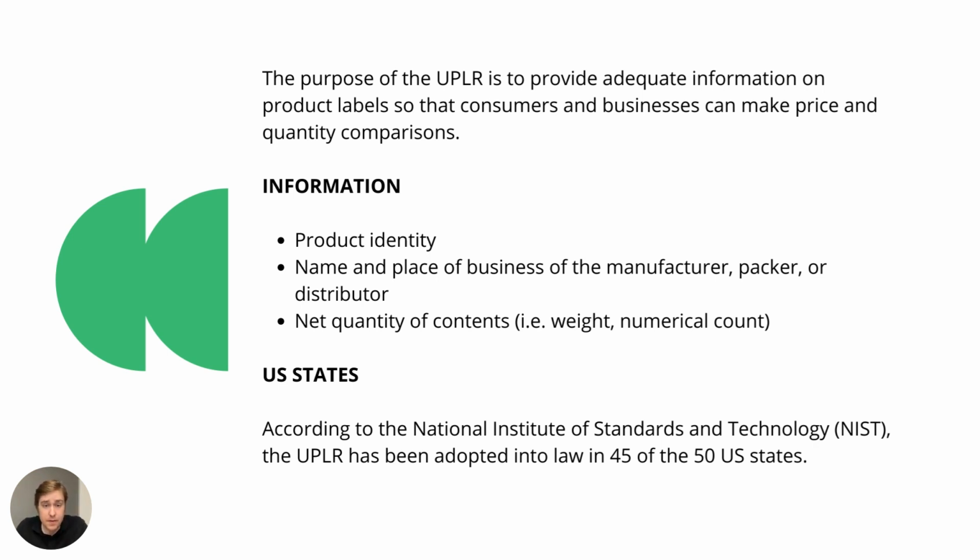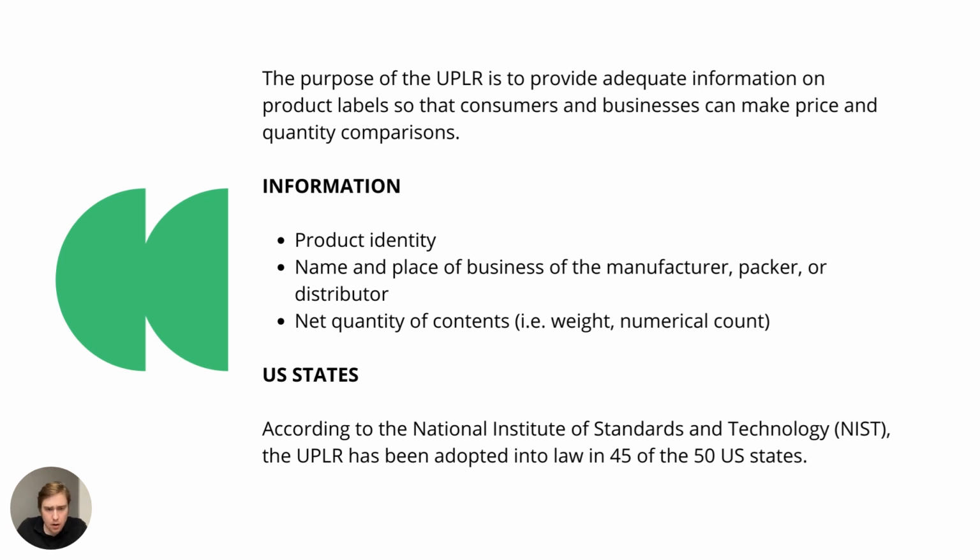Second, place of business, that could be the company name and address of, say, the manufacturer, packer, distributor, and I also believe they cover importers. And finally, and perhaps the most important component, is the net quantity of the content, that's weight or other units. We'll go into more detail about that, because as said, that can be a bit more tricky when it comes to the UPLR. And something that's also interesting about the UPLR is that it's not on a federal level.